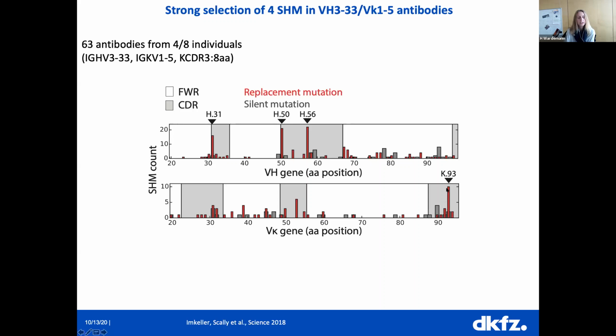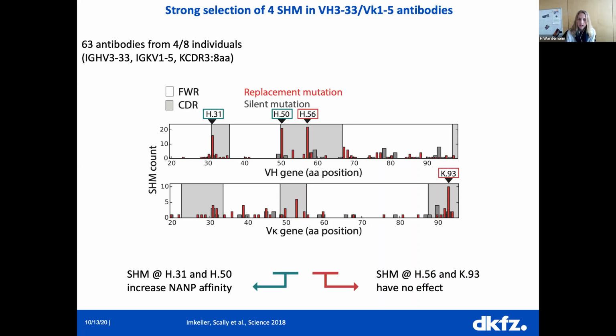So we want to understand how these mutations improved antigen binding, and we performed assays where we either had or did not have the mutations in the antibodies, and we were surprised to see here that actually 2 of these mutations at these 2 positions increased the affinity to the NANP, which is what we expected.